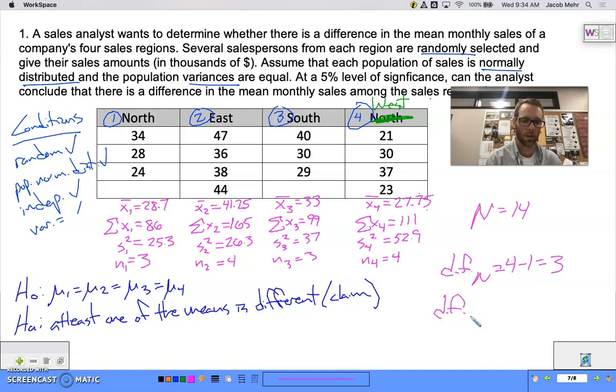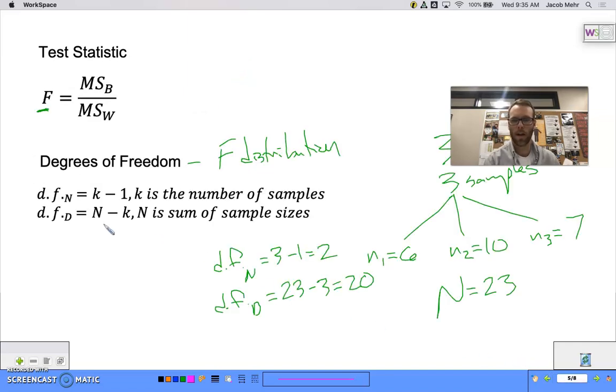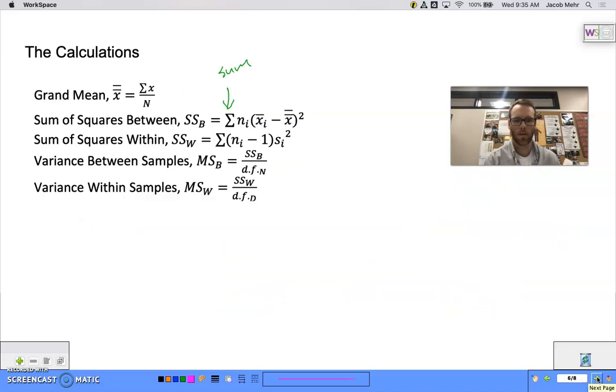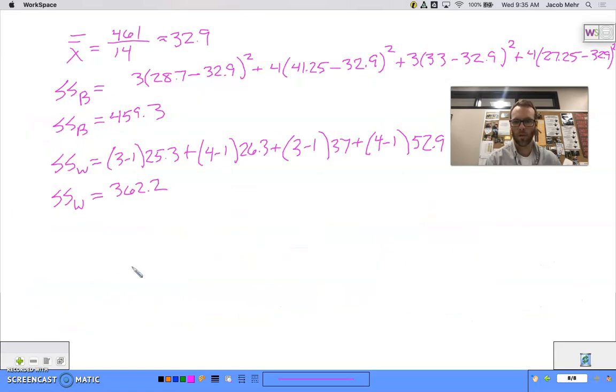How about the degrees of freedom for the denominator? Degrees of freedom for the denominator is the total sum of the sample sizes minus the number of samples. So our big N we found was 14 minus our number of samples is 4, which is 10. So recall that the mean squares between is the sum of the squares between, 459.3.